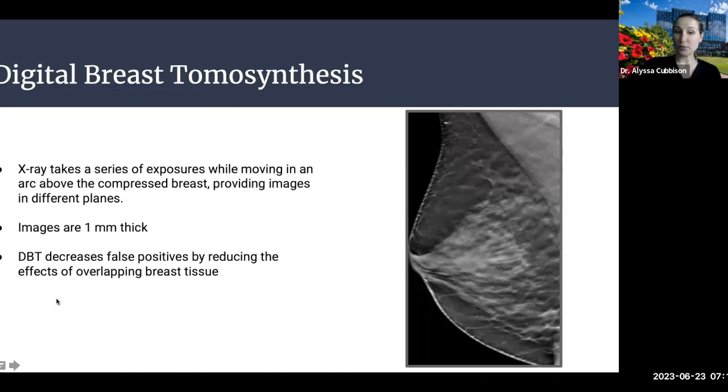Tomosynthesis decreases false positives, and this is by reducing the effects of overlapping breast tissue. So its advent has been very significant. As I mentioned, the false positives have decreased, so fewer women are being called back from their screening mammogram because we can isolate that a finding is due to fibroglandular tissue better on these tomosynthesis exams than we could with just standard 2D.